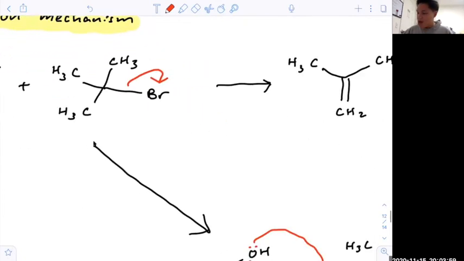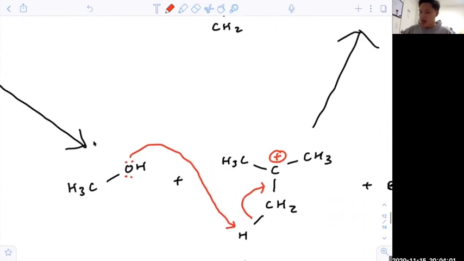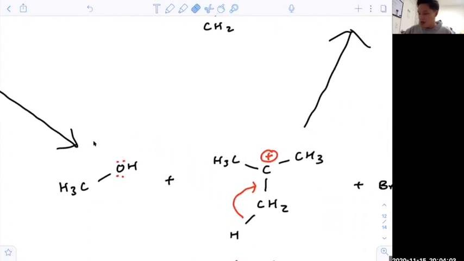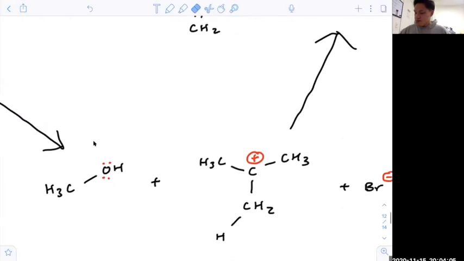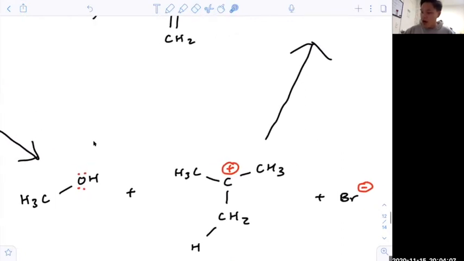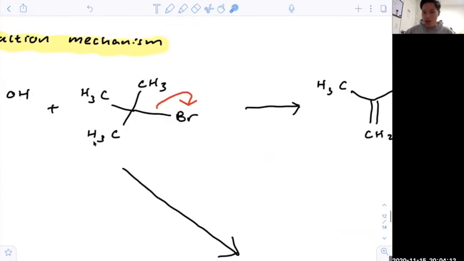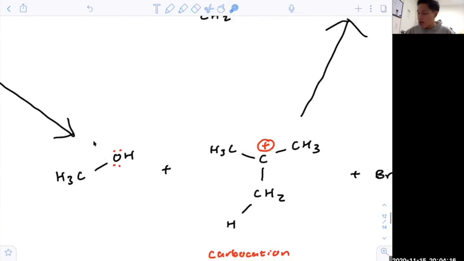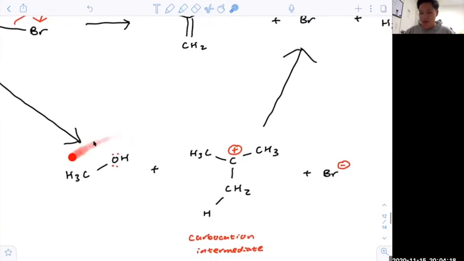Boom, and then we form a carbocation right here from the leaving group leaving, and now we're just left with this carbon. We have this methanol still, and this carbocation, and then we also have the bromine.